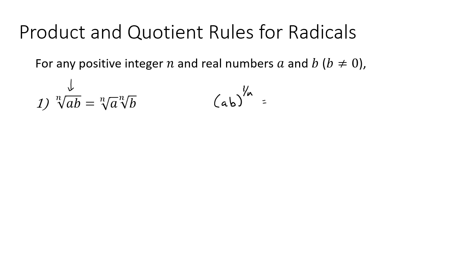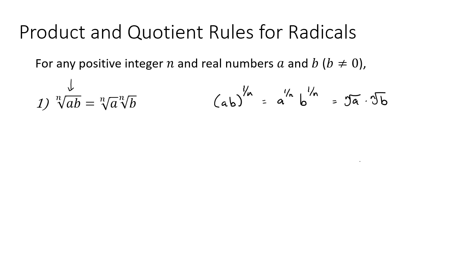But by properties of exponents, that 1 over nth exponent would distribute to both terms in that product. And so then we just reverse the definition. A to the 1 over nth is nth root of a, and b to the 1 over nth is nth root of b.